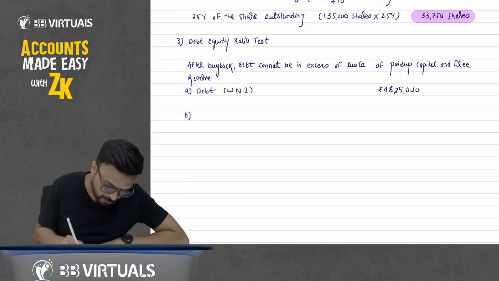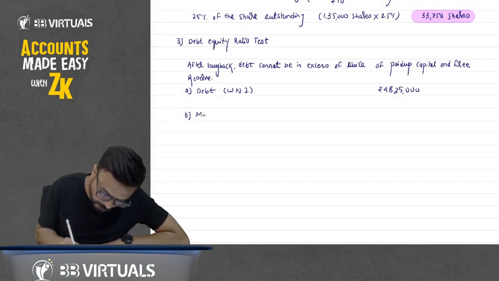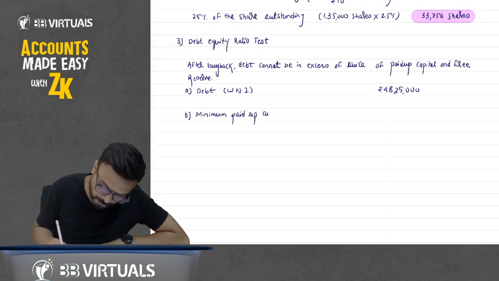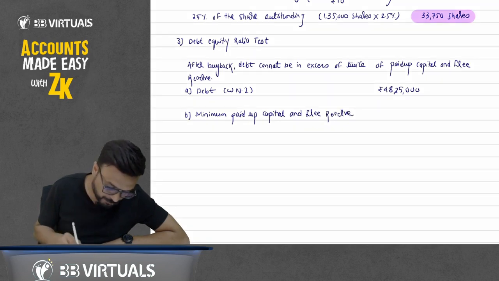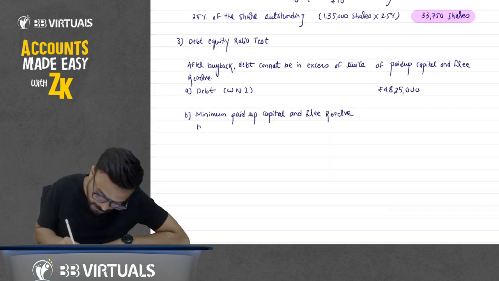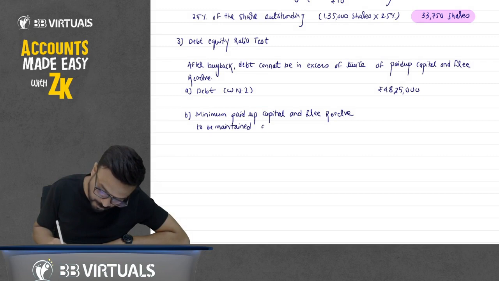Write down there: minimum paid up capital and free reserve to be maintained after buyback.